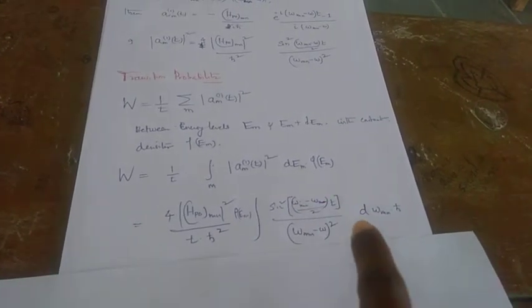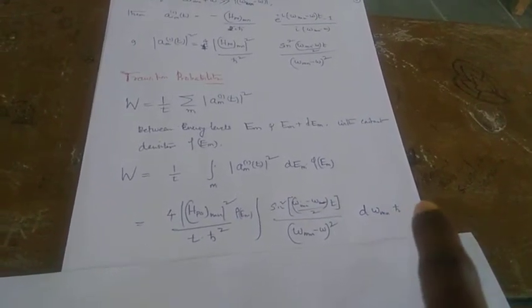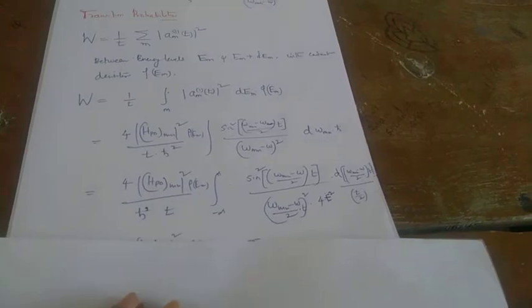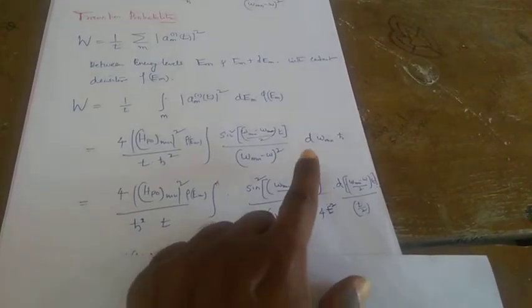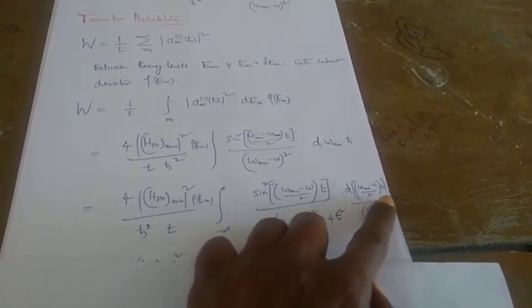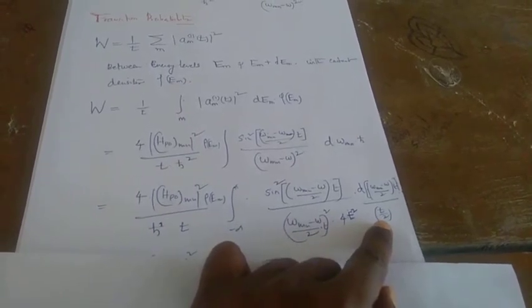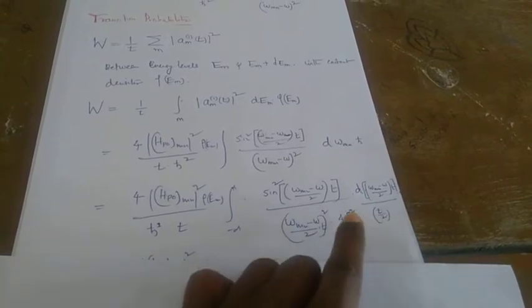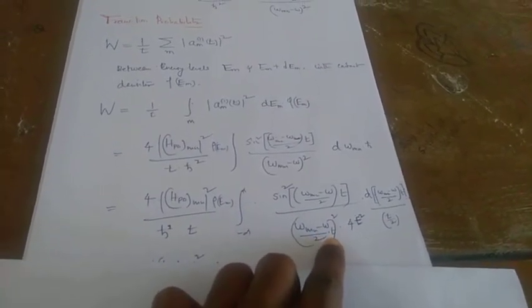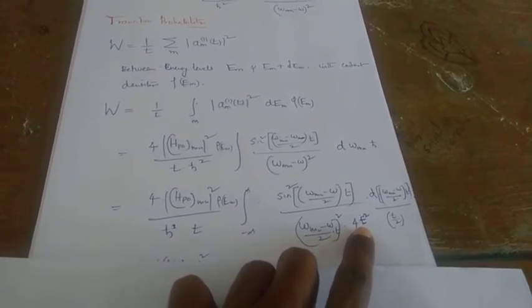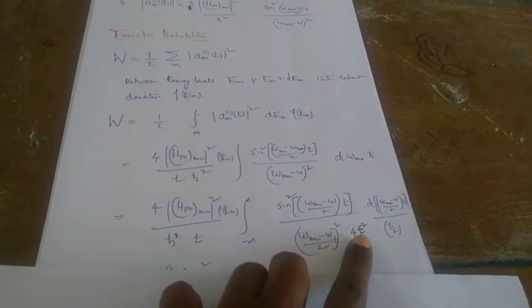Then if we write dω_mn as d((ω_mn - ω)t/2) times 2/t, we should divide by t/2 here, and in the denominator, if we write (ω_mn - ω)t/2, then here we should write 4 by t².